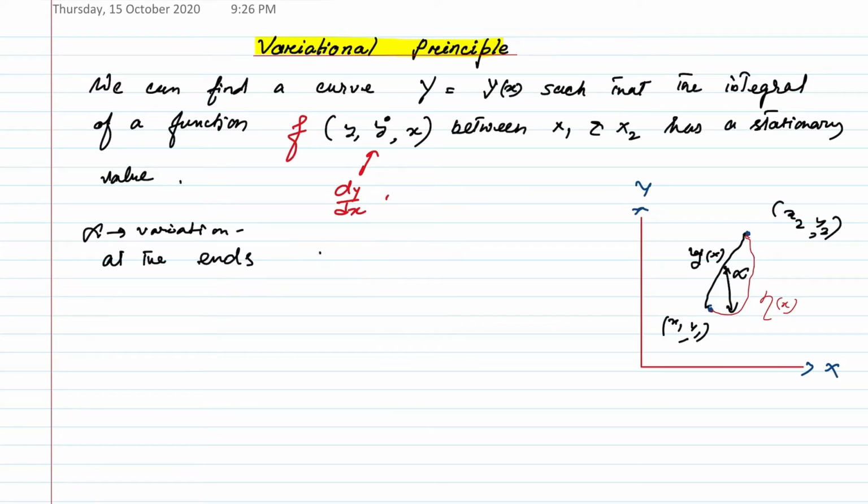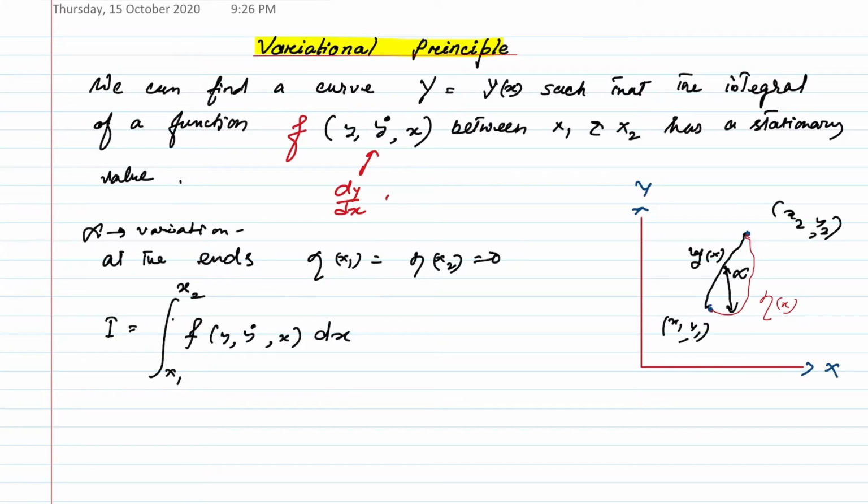So that's why eta of x1 is equal to eta of x2 is equal to 0. Okay, so here we can write the integral of this function f from x1 to x2, f of y, y dot, x, dx.